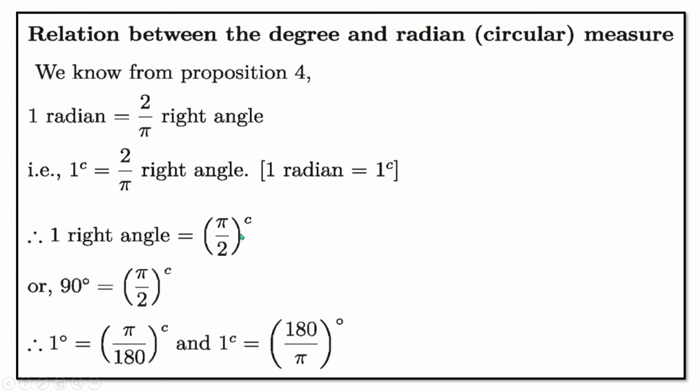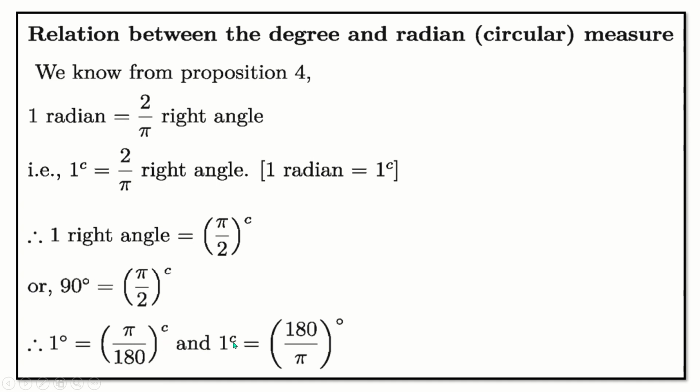So 1 right angle is equal to pi by 2 radian. That means 1 right angle, meaning 90 degrees, is equal to pi by 2 radian. Therefore 1 degree is equal to pi by 180 radian. Here 90 degrees is equal to this, so we have to divide this by 90 degrees. As a result, here will be pi by 180 radian.